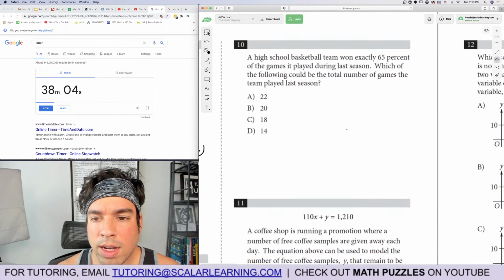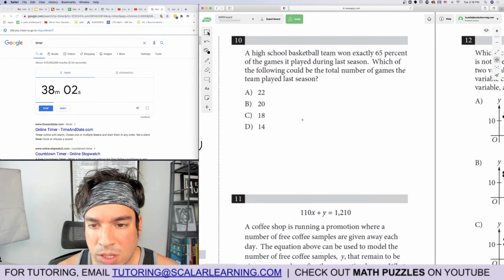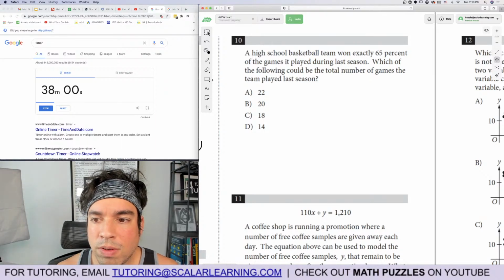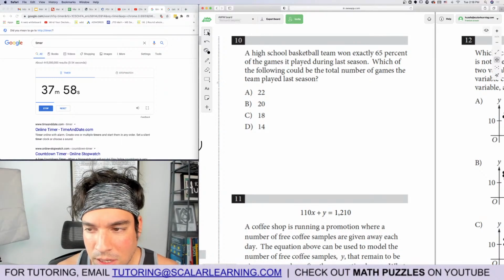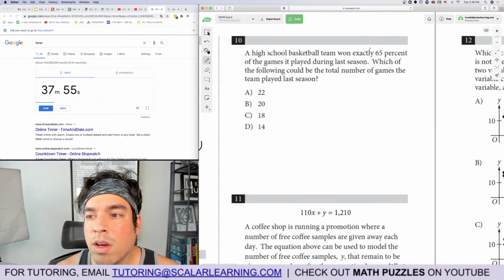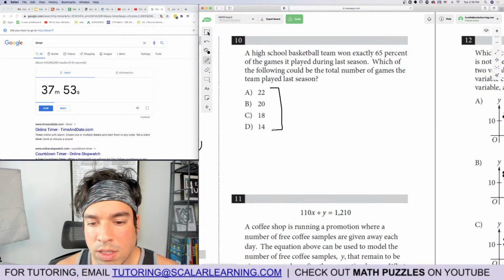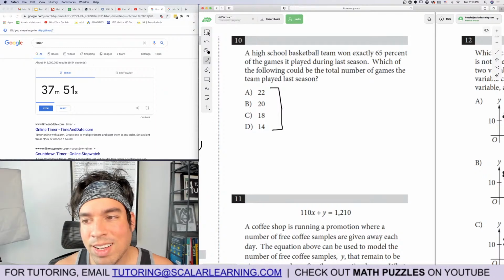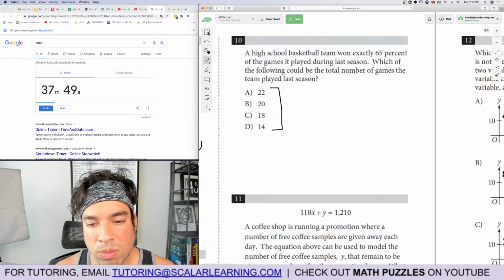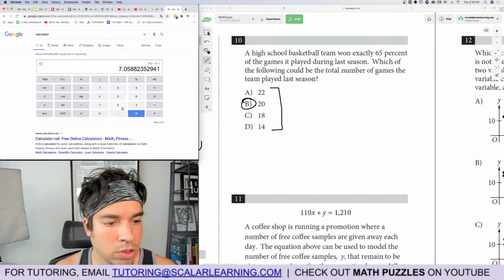Number 10. A high school basketball team won exactly 65% of the games it played during last season. Which of the following could be the total number of games the team played last season? That's 0.65 times one of these, and only one is going to give an exact whole number. It's going to be this guy, because 0.65 times 20 is 13. I'll show you.